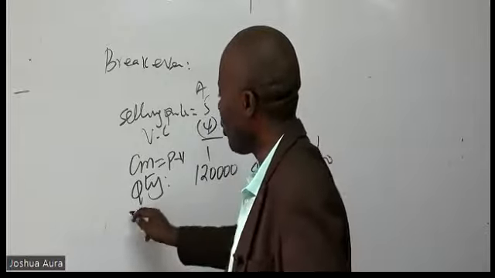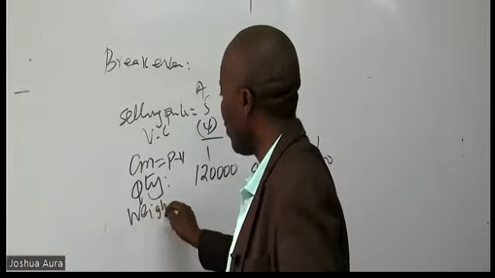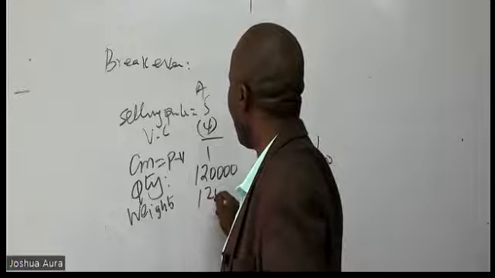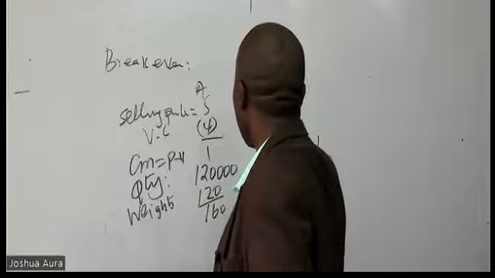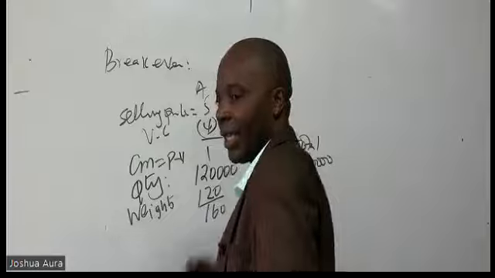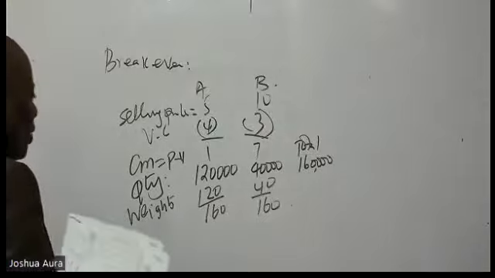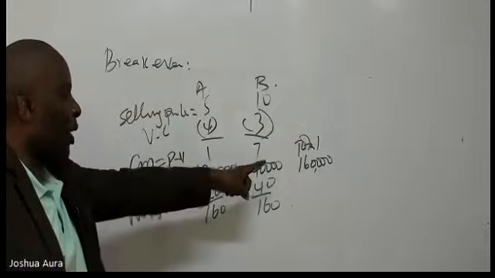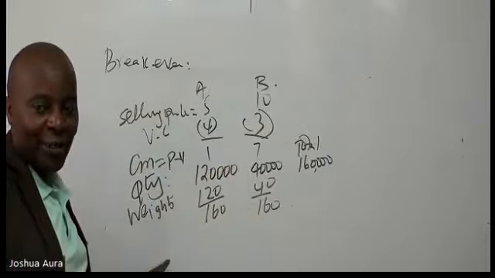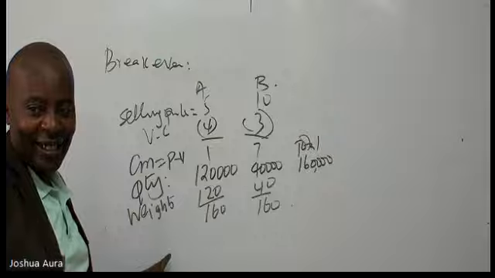From this quantity I should be able to get the weights: this will be 120 over 160, and this will be 40 over 160. I got the total quantity, which I'm now using to get my fractions.